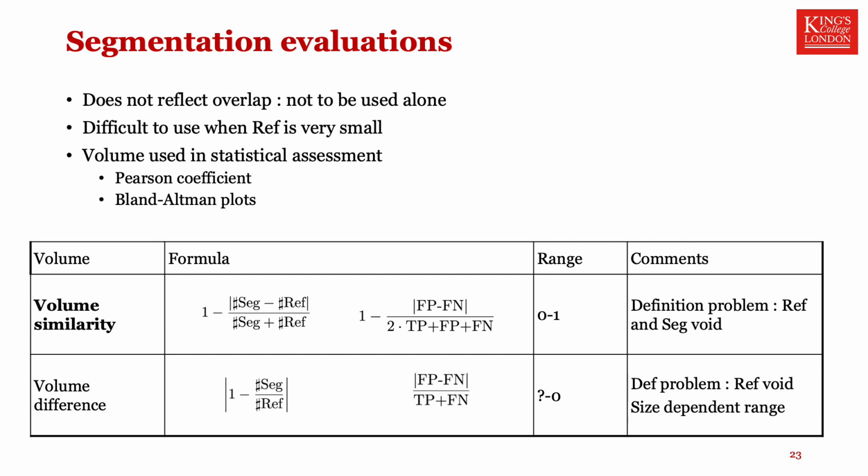Something else that people are doing actually with volumes is when you have multiple samples, and you know what is the expected sample of the ground truth, and you have your different prediction, you can actually perform a correlation assessment using, for instance, the Pearson coefficient to try to see if when you are supposed to have small volumes as per your ground truth, you also have small volumes in the method that you are using, and that it roughly follows the same type of association.